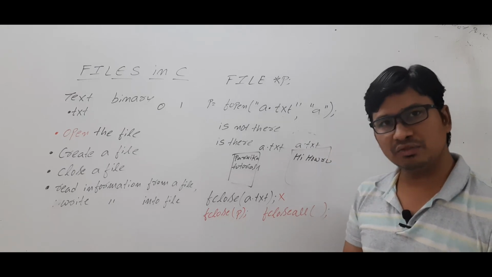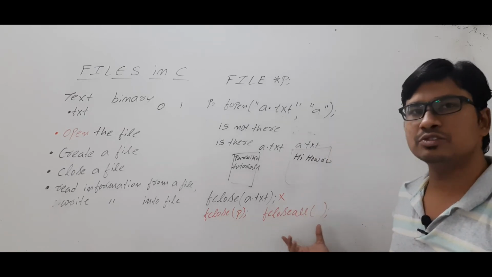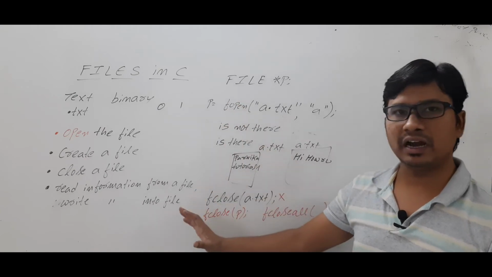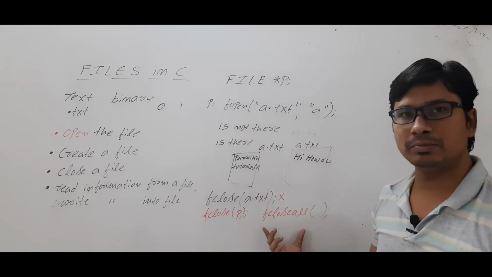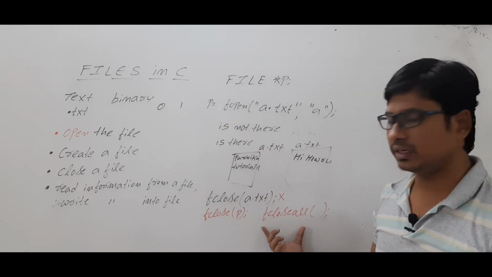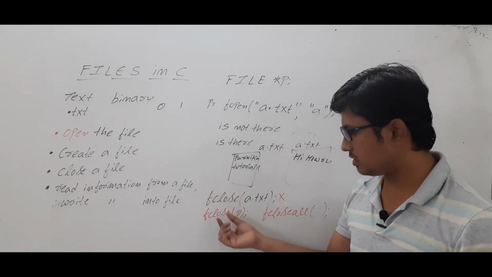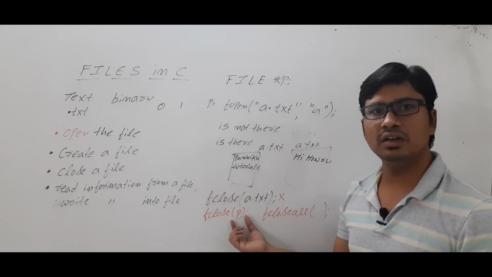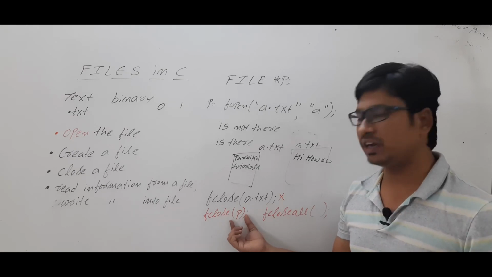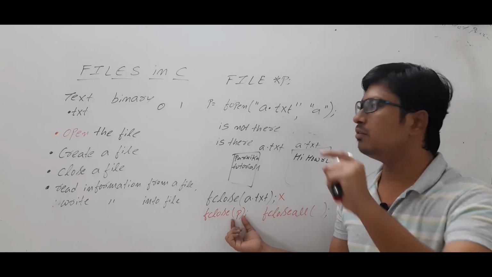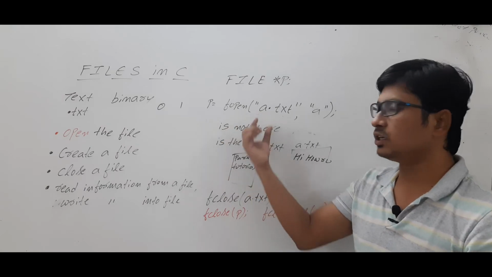Then all the files which are opened will be closed. If you have opened 100 files, all 100 files will be closed with a single statement. With fclose, you have to write it 100 times, because one fclose call will close only one file. You have to specify the file pointer name which is pointing to the file.